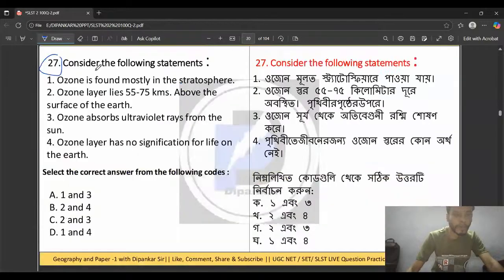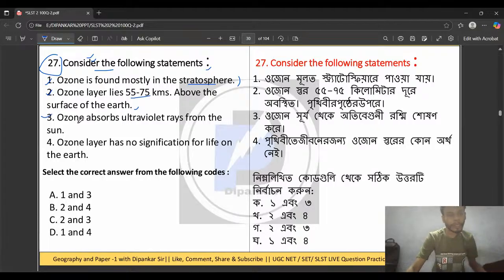The 27th question came from the climatology part. Consider the following statements. Statement one says the ozone is found mostly in the stratosphere. Statement two says the ozone layer lies 55 to 75 kilometers above the surface of the earth.